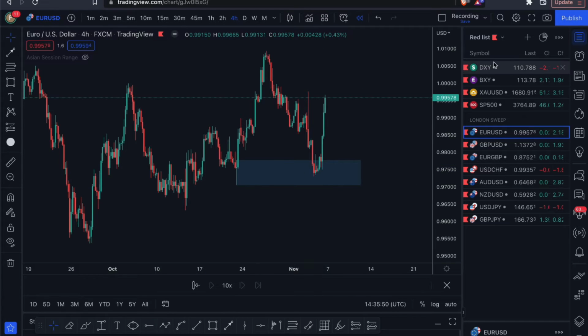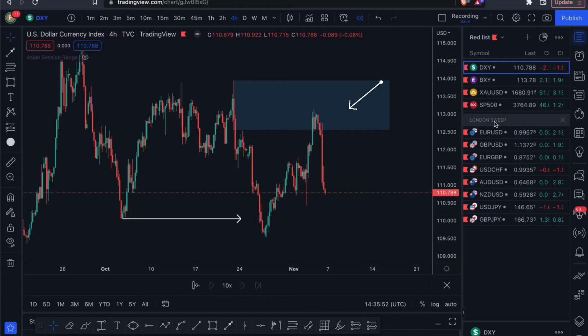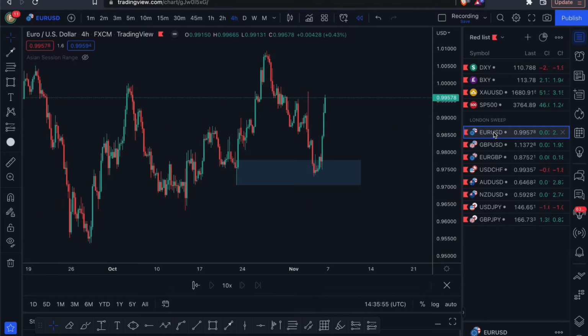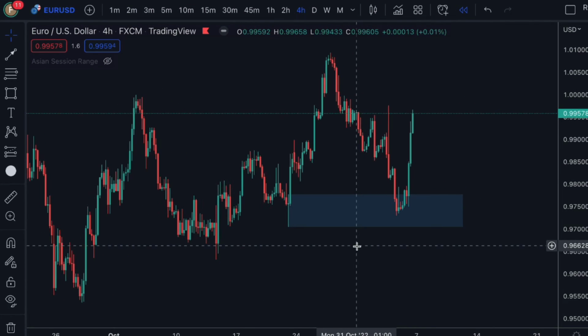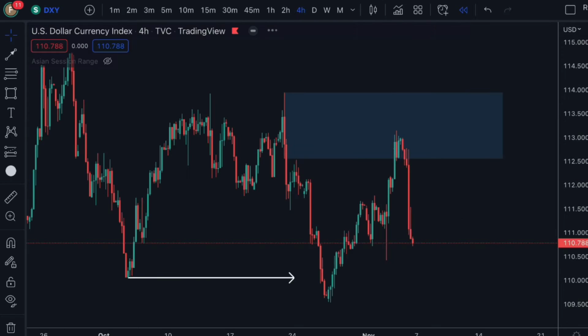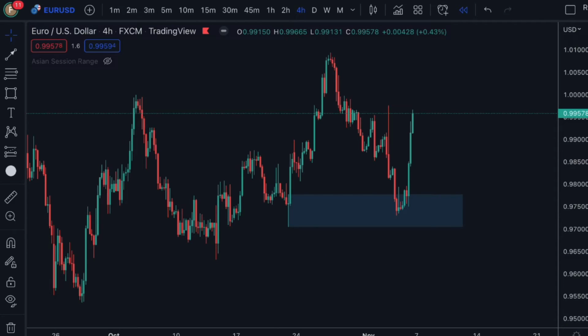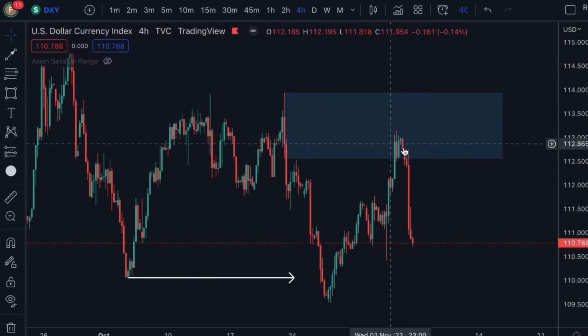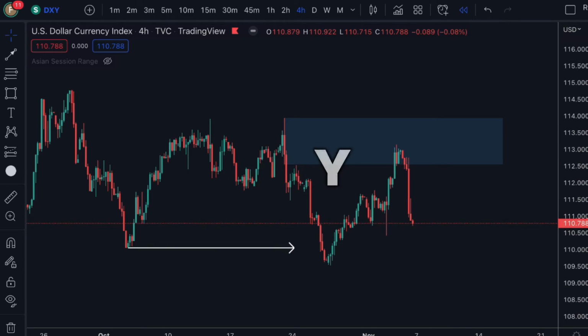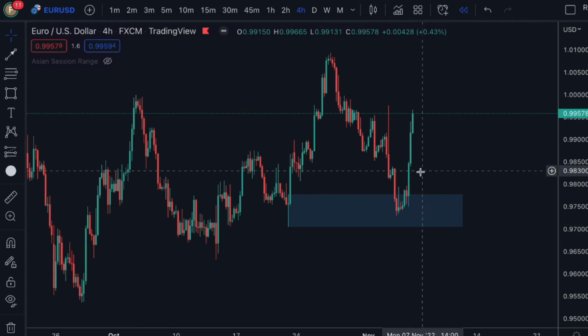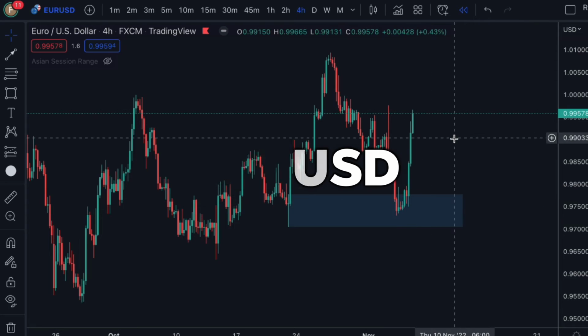And as you can see, this area here and this area here are very aligned. Obviously Euro USD's demand area looks a lot better and a lot cleaner, but that's what happens sometimes. But we can clearly understand that we can expect DXY to give us a reaction here, which will mean that Euro USD should give us a reaction here.